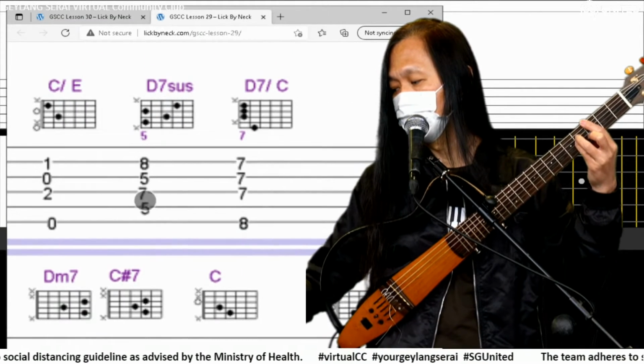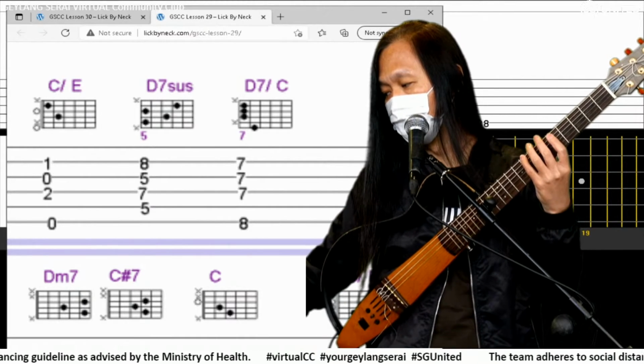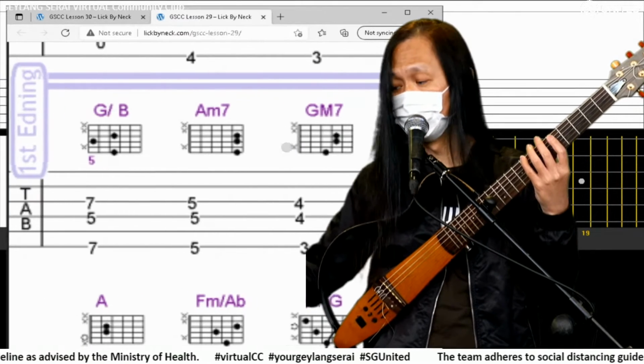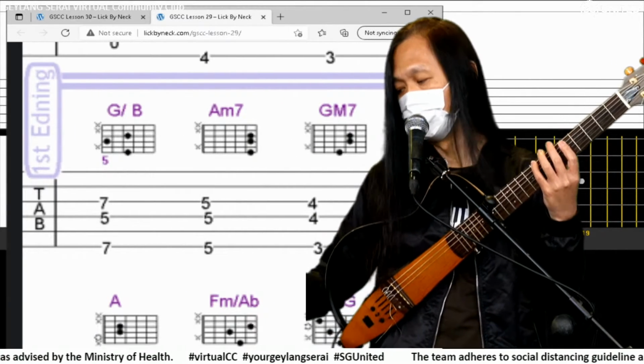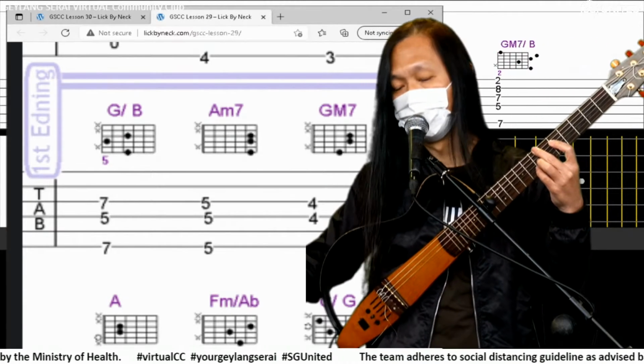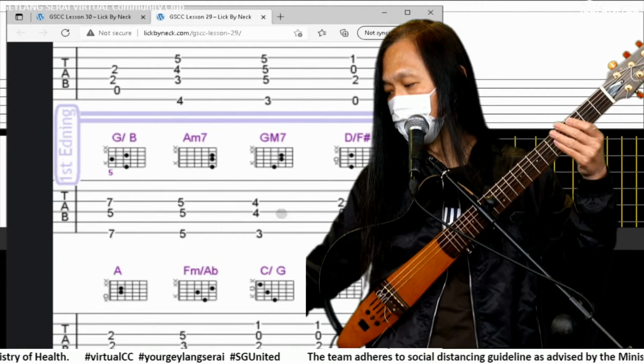Da-da, da-da, you see, from this D and C, the nearest bass note or the possible note that fits the chord will be this one. So I'm doing an inversion of a G instead of the root. Okay, so it will be.